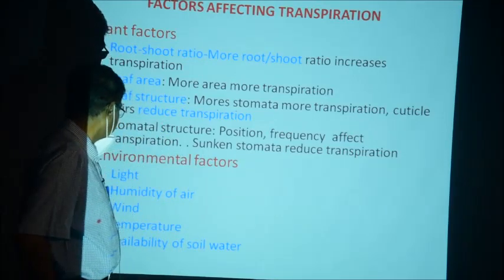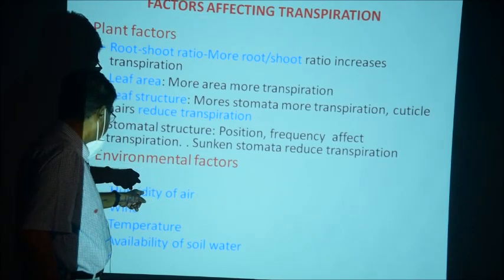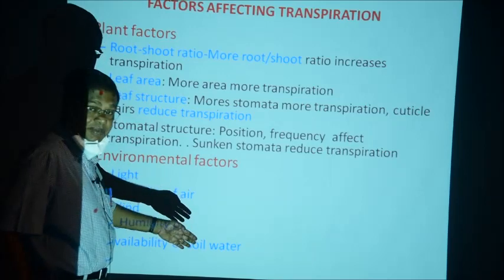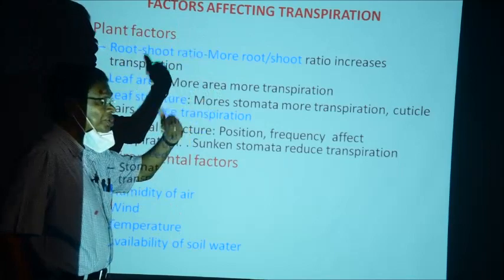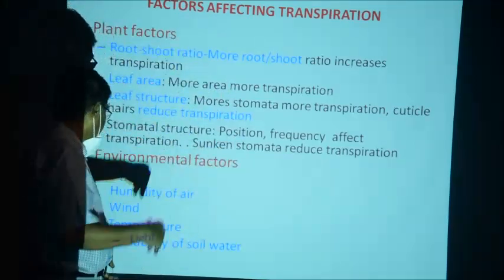plant factors. Besides this, light and humidity of air. Light affects photosynthesis, and humidity of air decreases transpiration because, with humidity, the diffusion of water vapors from the stomata decreases.